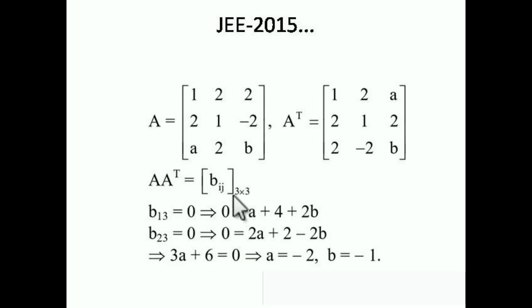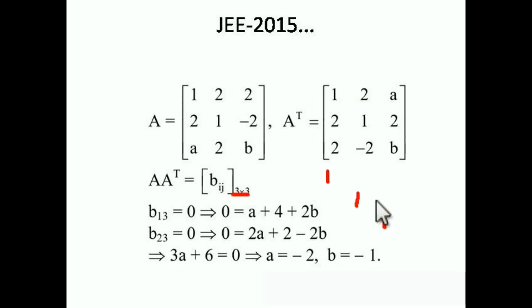Now we all know that in the identity matrix we have 1 here, 1 here, and 1 here, and every other element is 0. If 9 is multiplied, then we have 9 here and all the other elements are 0.